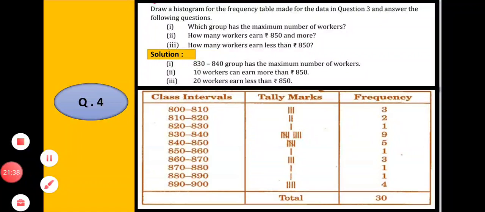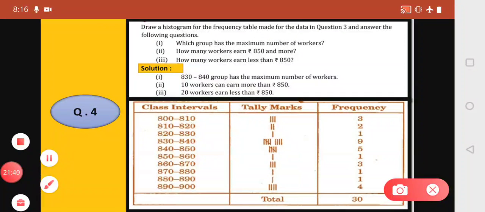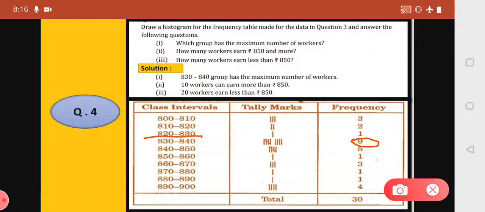Now you can see in the table that the highest frequency, that is 9, is in the group 830 to 840. So the answer is, 830 to 840 group has the maximum number of workers.